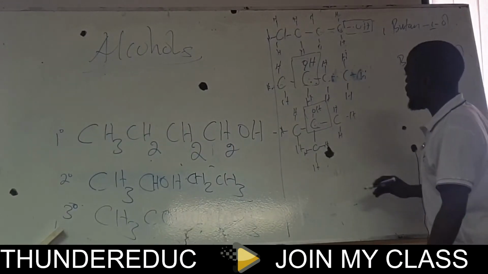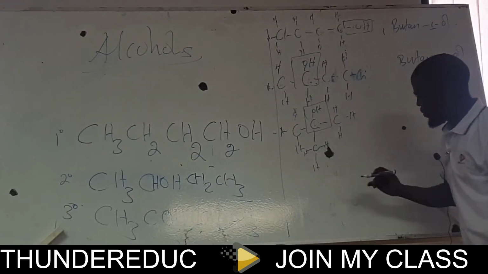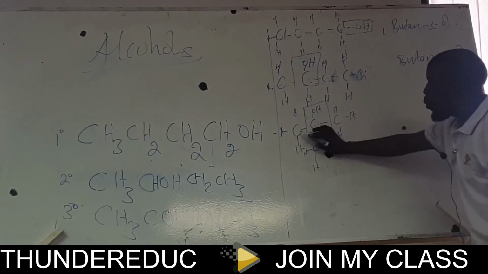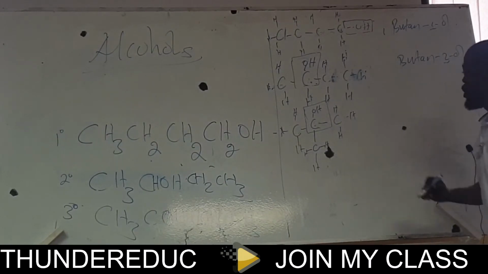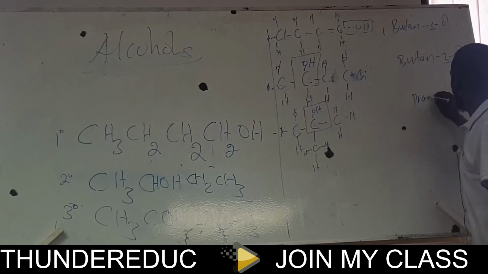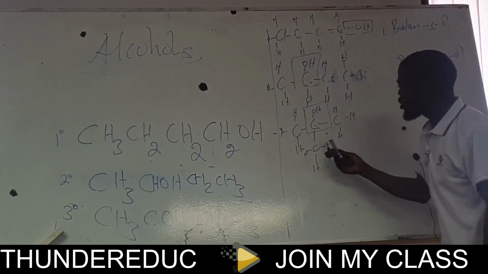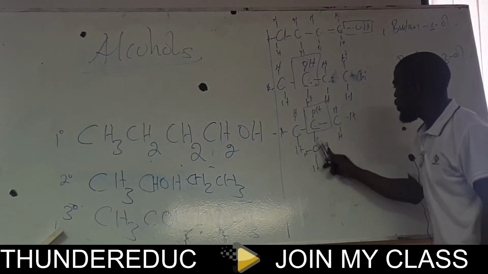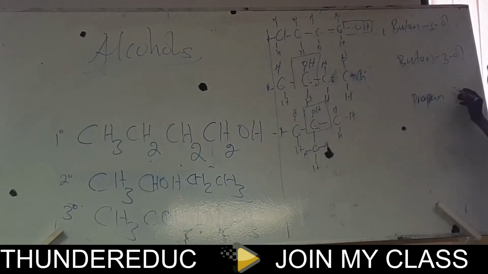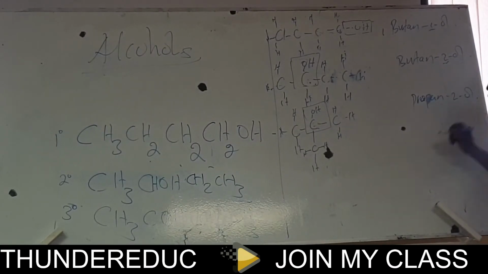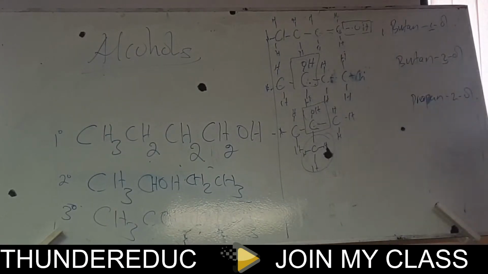What about this now? 1, 2, 3, so it is propan. It is on carbon atom number 2 either way, so it is propan-2-ol. Now let's look at the side group.